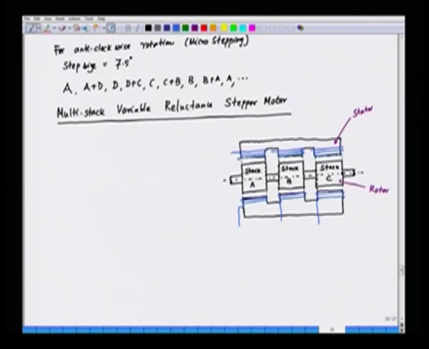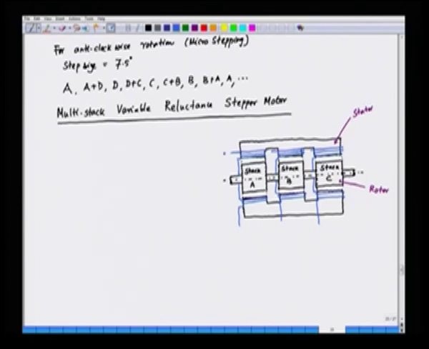The stator windings of a particular stack are series connected here, this also is series connected. So, this also is series connected, these are the windings.